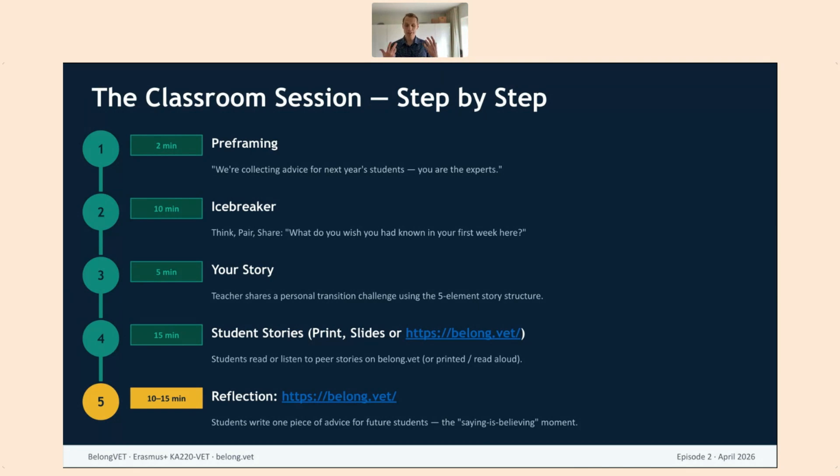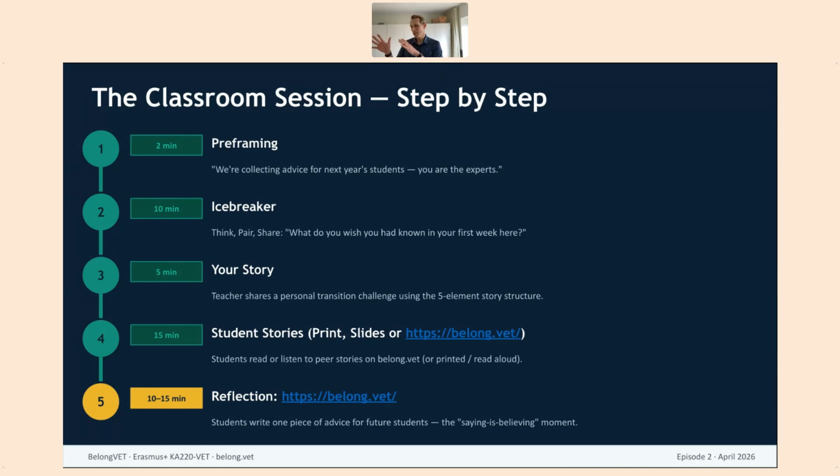So it really differs how you want to do that. The third way is actually to send the students to the website, because they will be able to read the stories on their laptop or on their phone, or listen to the story if they're not very good at reading. They will be able to hear a recorded version of some of the languages, at least.